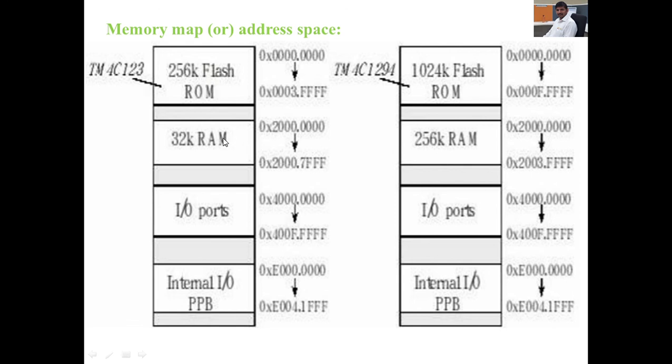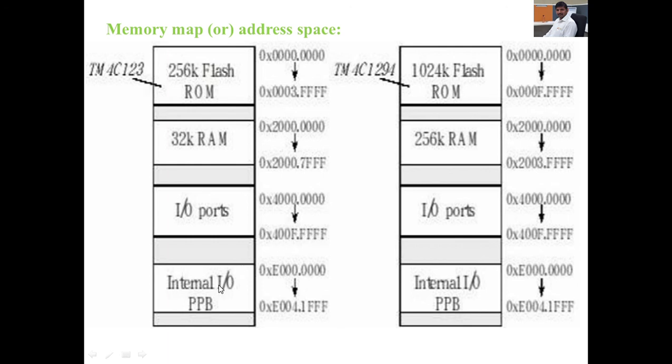Next, RAM contains 32 kilobytes, from 2000 0000 to 2000 7FFF. Similarly, the IO ports range from 4000 0000 to 400F FFFF.